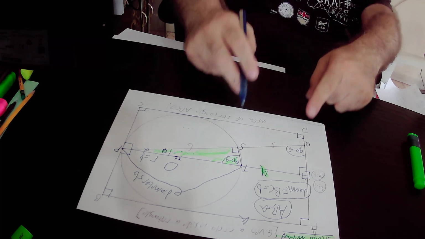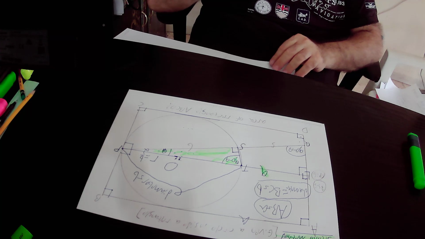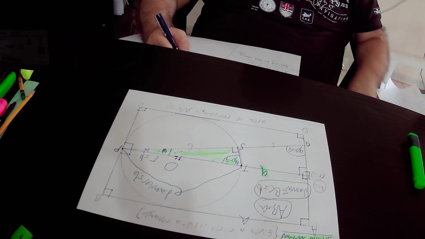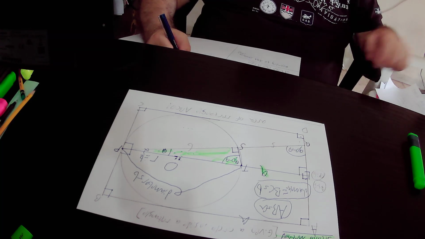And from the fact that those two triangles are similar to each other, we conclude that the following relationship exists between their sides.